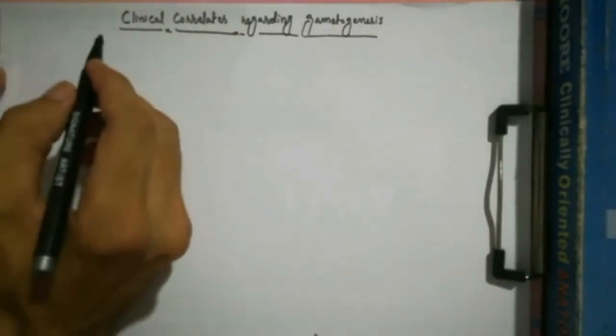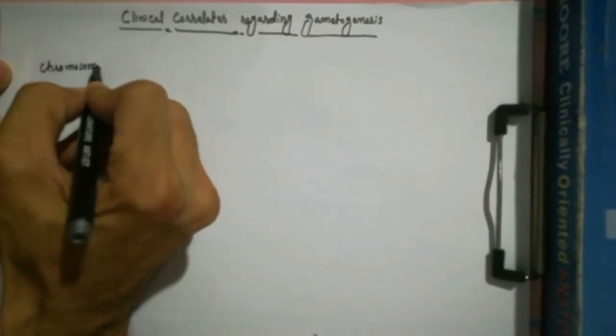Any disturbance of meiosis or mitosis during the process of gametogenesis, for example non-disjunction, leads to formation of chromosomally abnormal gametes.